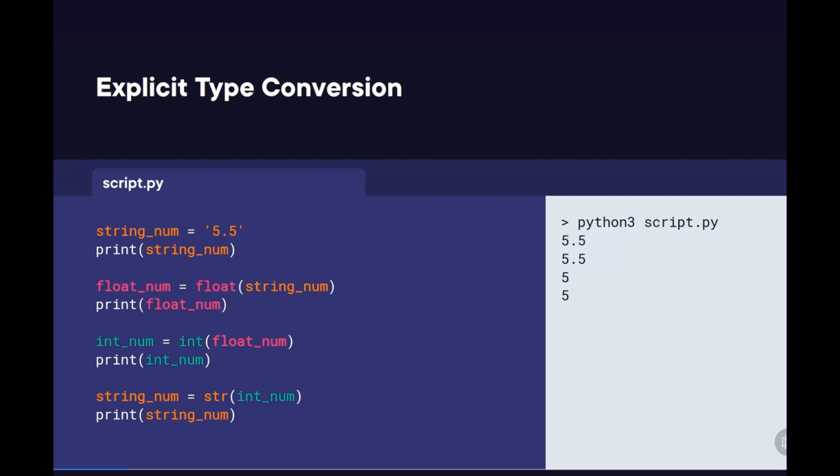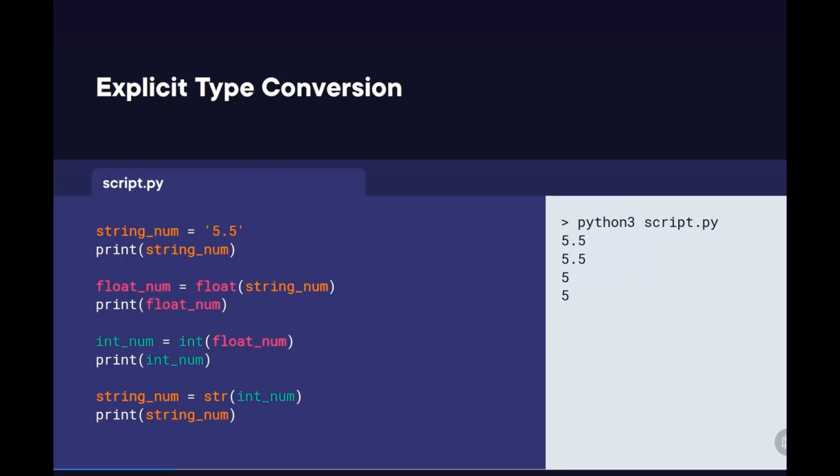To convert this string into a floating point number, we can simply put it inside of parentheses next to the keyword float. I could also convert this new float number into an integer by placing the variable next to the int keyword. As you can see, this conversion will only keep the integer part of the number.